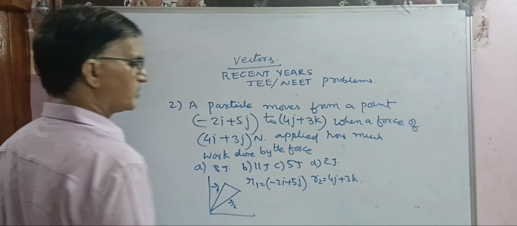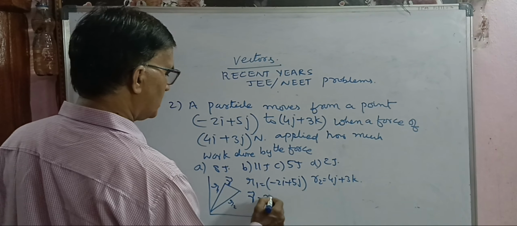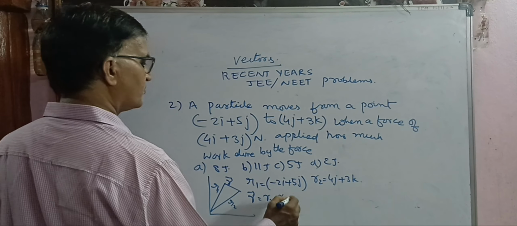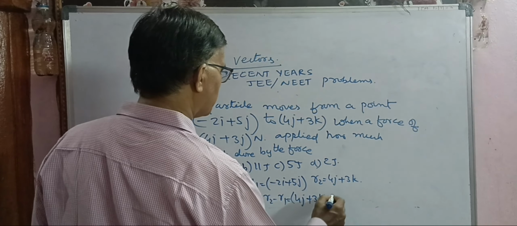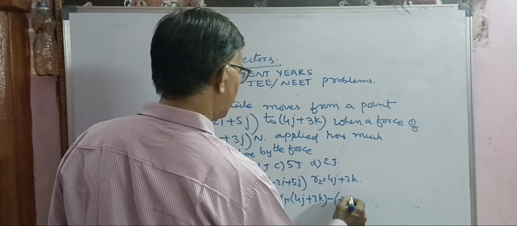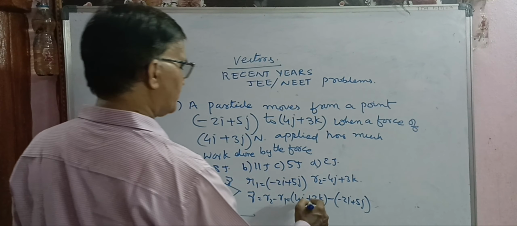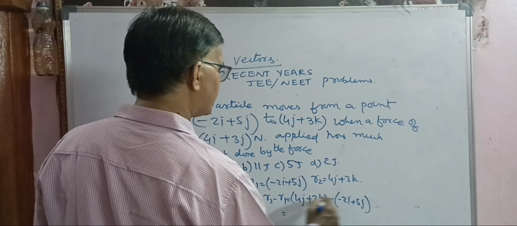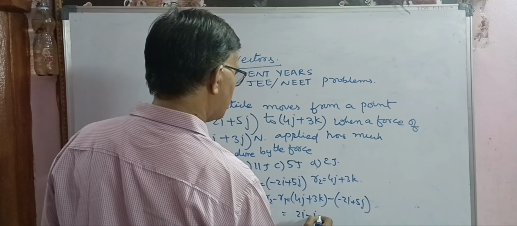Now the displacement R is equal to R2 minus R1, which is 4j plus 3k minus 2i plus 5j. If you take it like this, it will be 2i minus j plus 3k.